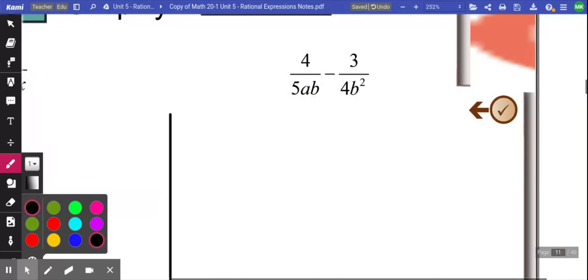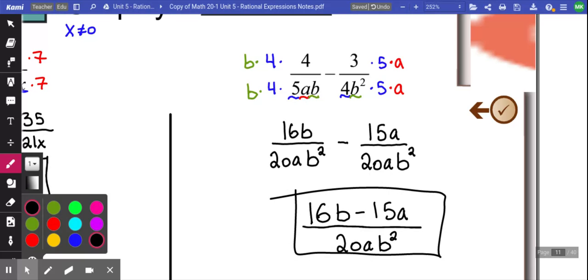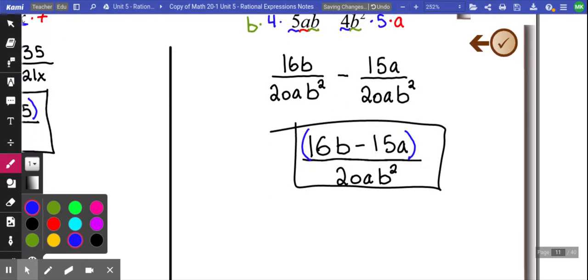Because I now have a common denominator, I can combine this to be one fraction. It is 16b minus 15a divided by 20ab squared. That is completed because I cannot factor it, and I cannot cancel anything out because that top thing is one big binomial, right?